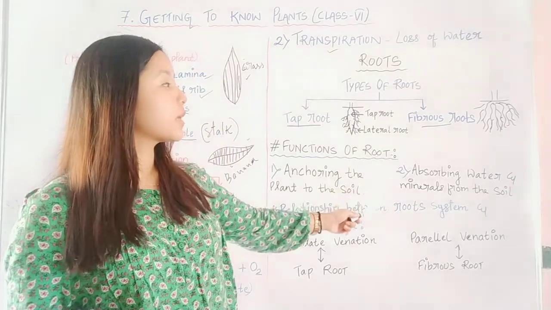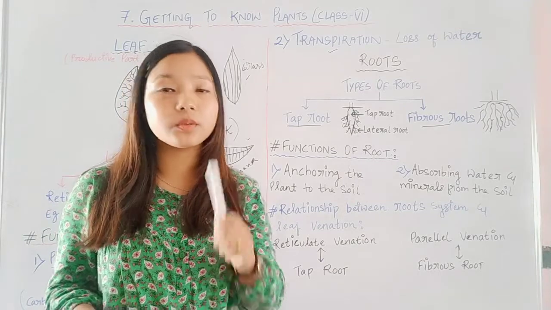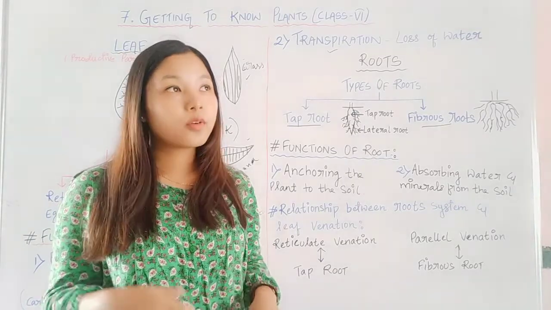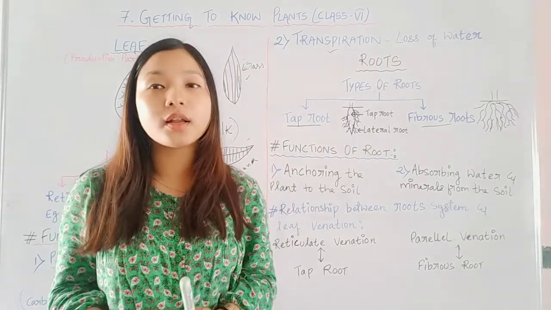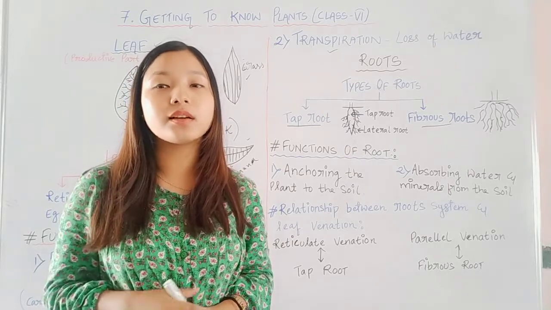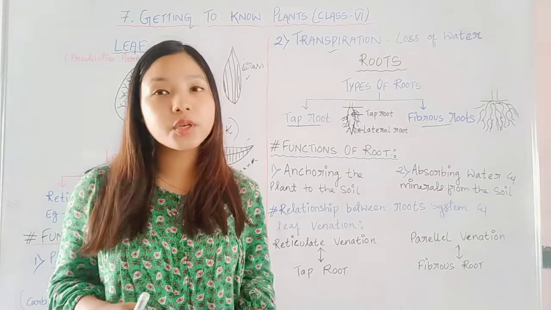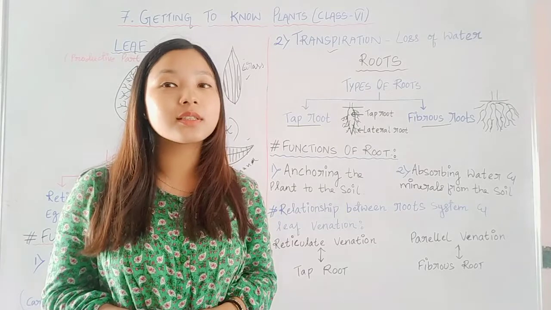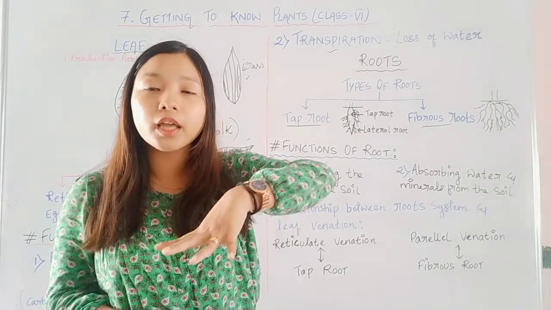Next is absorbing water and minerals from the soil. This is one of the most important functions of the roots. For the preparation of food, the plants need water and minerals. For the proper growth, the plant requires minerals, and for the preparation of food, it requires water. And where does the plant get this? They get it from the soil with the help of roots.